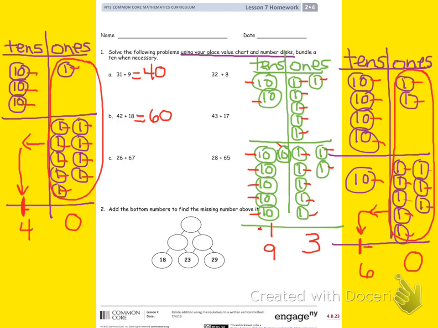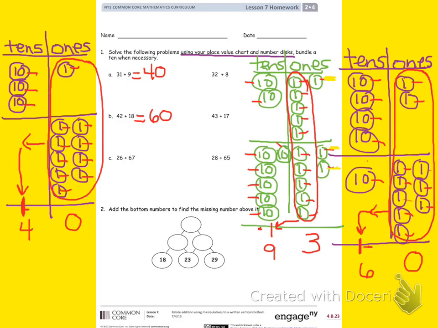Now, if that didn't make sense to you, here's an illustration showing how I bundled them. This 5 bundled with this 5 makes a group of 10 and slides into the tens column, which I put right there. That left these 3 ones right here. Let me see if I can highlight them better for you. 1, 2, 3.